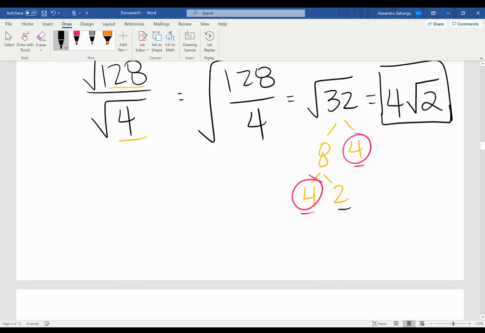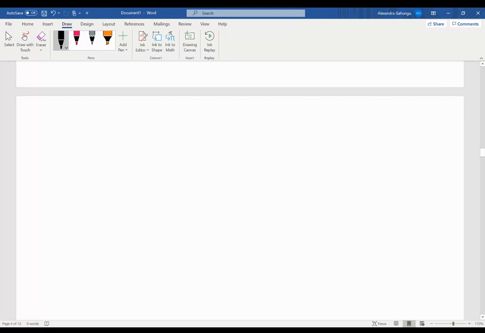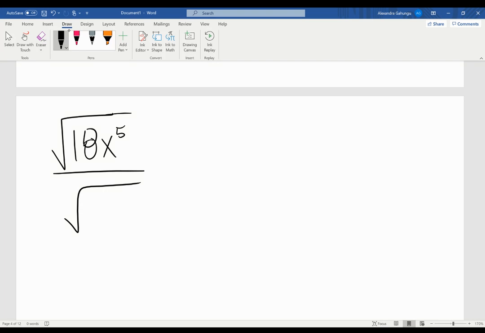If you got something a little bit more involved with your dividing of your radical expressions, you still want to follow the same thing. Are we working inside of the house or outside of the house? So 18x to the 5th divided by the square root of 6x. They're both inside the house, so they can play together.